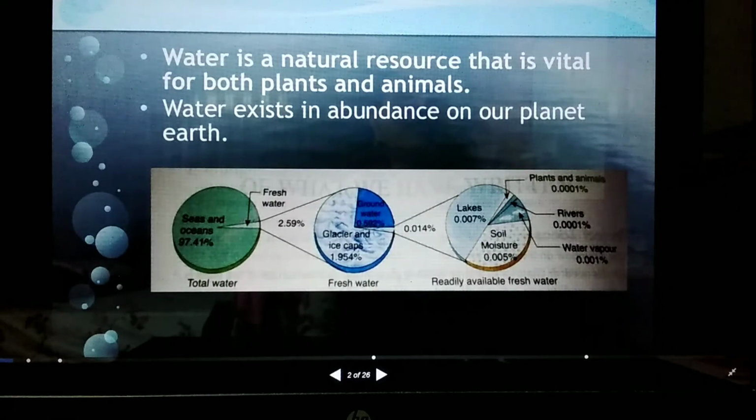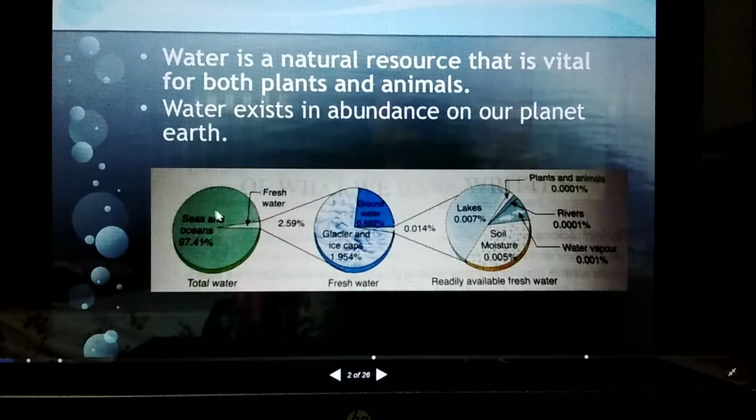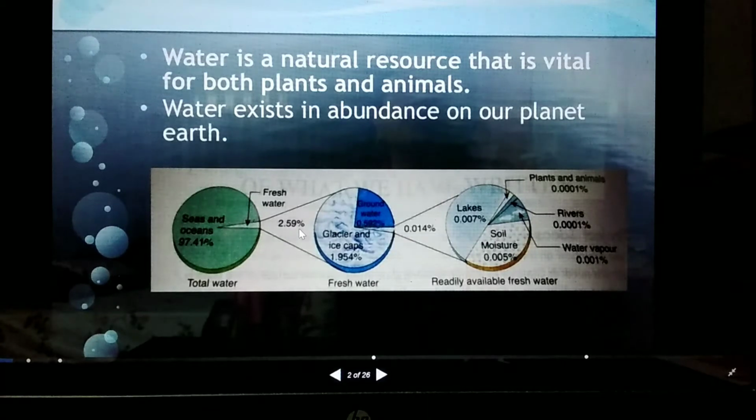Now, if you consider the total water content, 97.41% is occupied by seas and oceans, and 2.59% is fresh water.